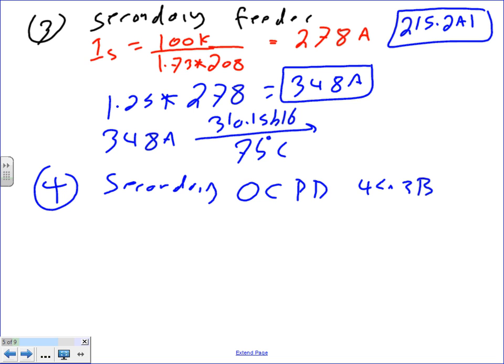I know it's going to be 500 kcm, THHN, we're assuming we're inside. Now, how many conductors do I need? At least 3 conductors for the phases. How about the neutral?